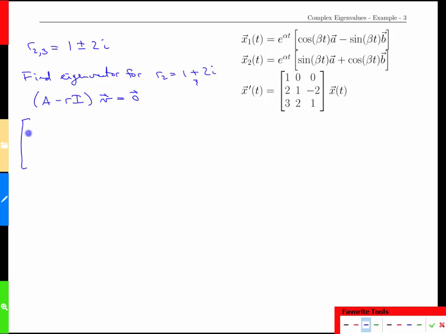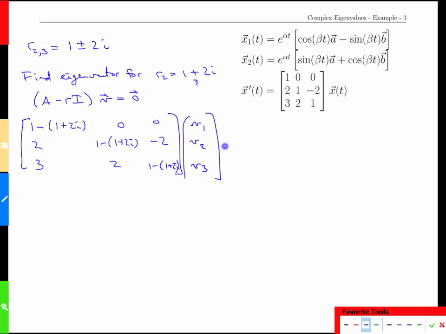Well, you get 1, this one we'll write out explicitly, minus 1 plus 2i, then 0, 0. So it's a big looking matrix by the time we're done. 2, 1 minus 1 plus 2i, minus 2, and 3, 2, 1 minus 1 plus 2i, times v1, v2, v3. All of that equals the 0 vector.